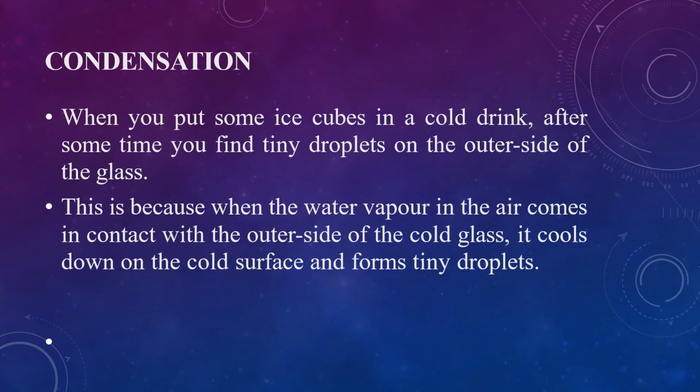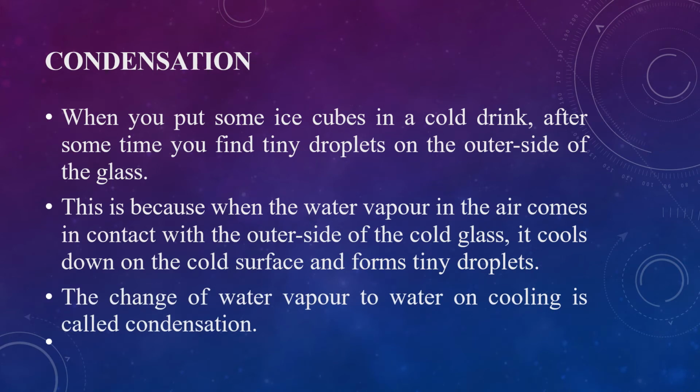So, you have to understand this, that water vapor is present in air, and when it gets in contact with the outer side of the cold glass, it condenses and it forms tiny droplets. And these tiny droplets you can see on the outer surface of the cold glass. The change of water vapor to water on cooling is called condensation.